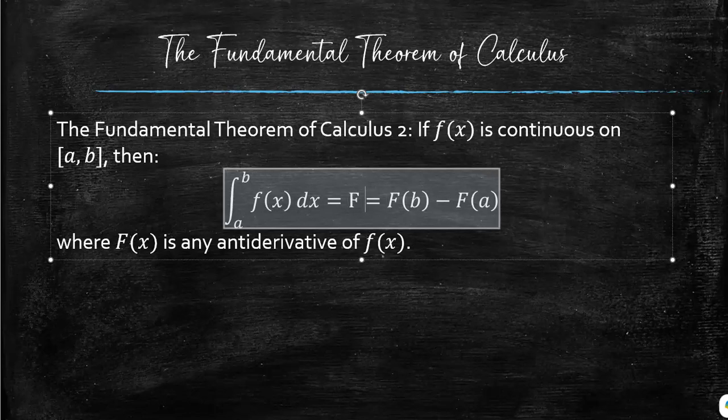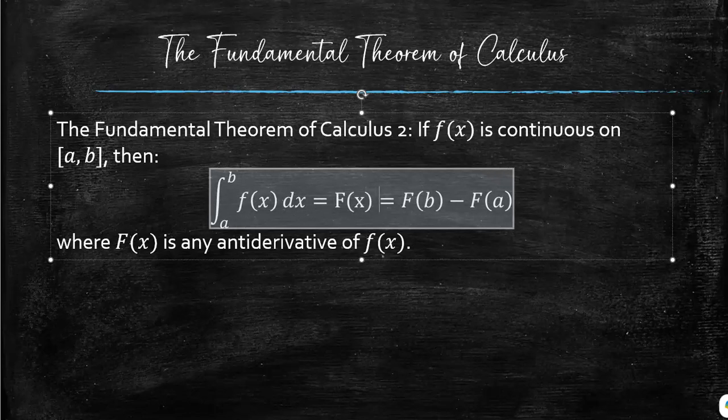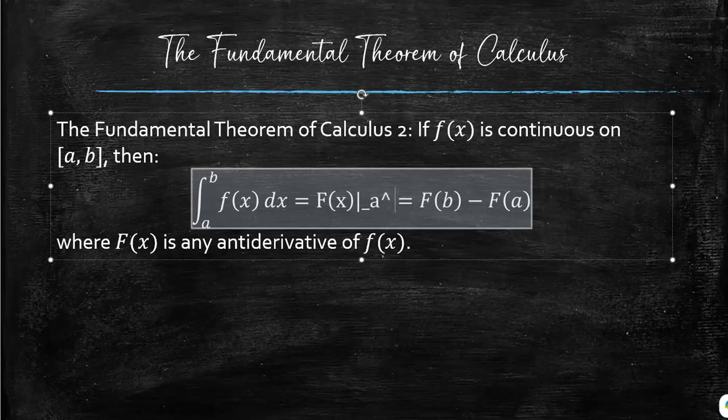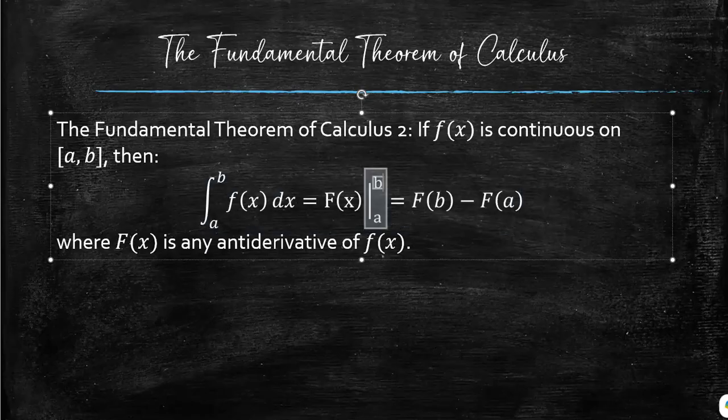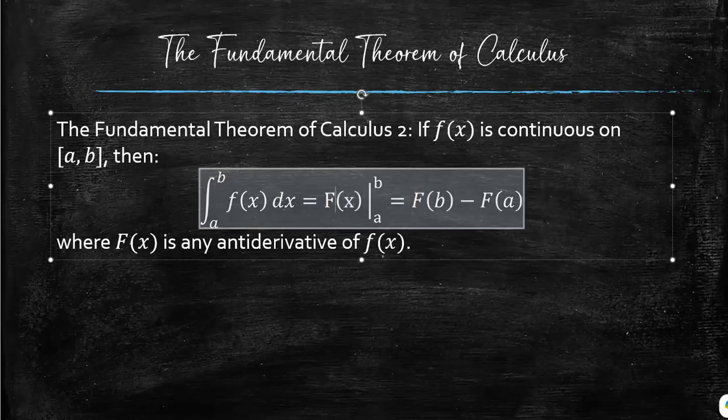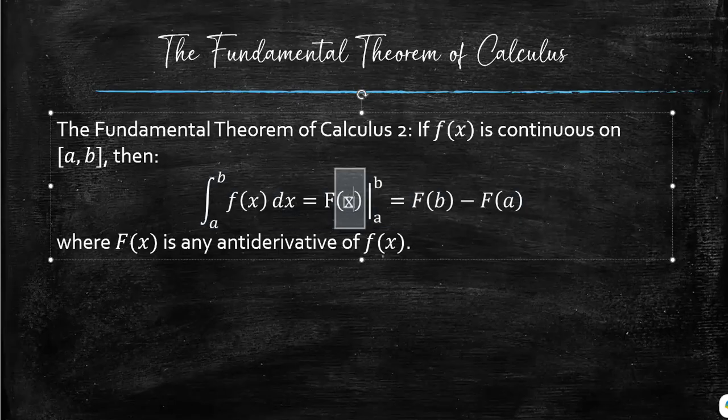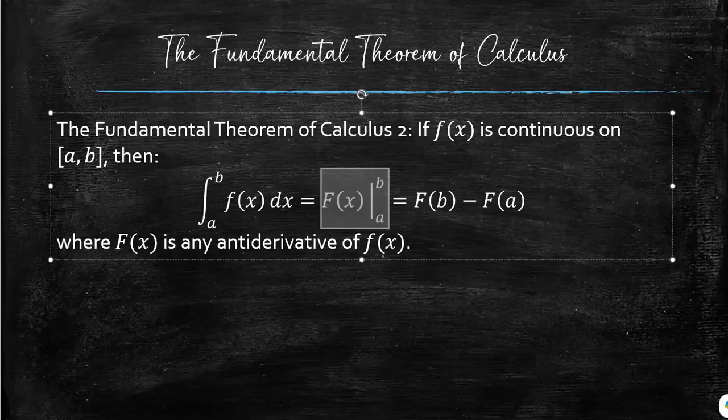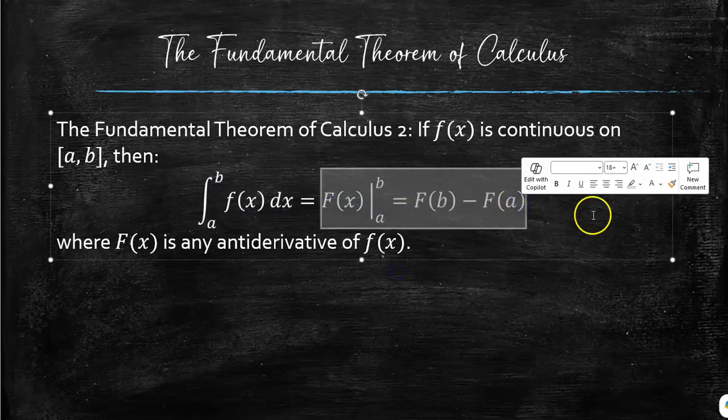We introduce the following notation. And when you draw the vertical line and you put a and b, like this, it means exactly that.